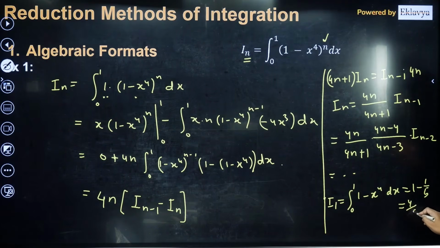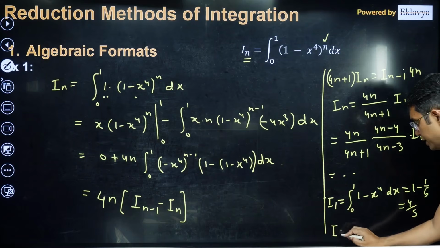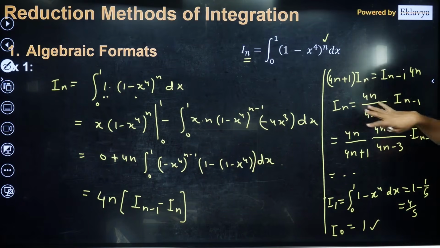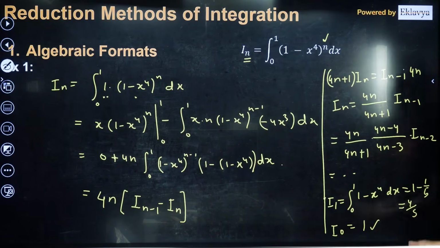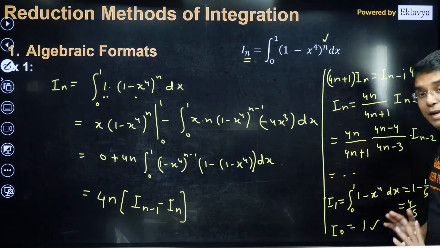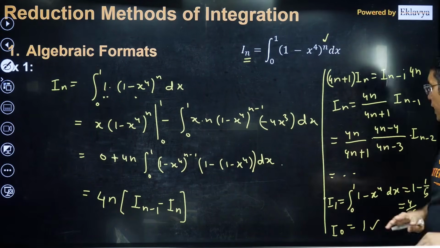We could have found I₀ also directly; in this case it will be just the integration of 1, so putting the values will give you 1. It is up to you whether you write in terms of I₁ or I₀, but eventually you will be able to get Iₙ completely for any value of n.